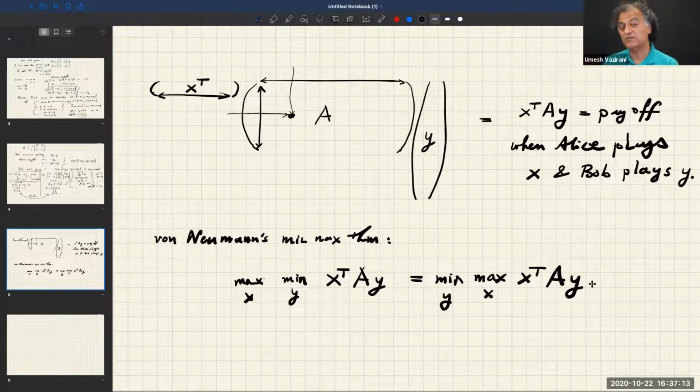So it doesn't matter who goes first. Alice can announce in advance or Bob can announce in advance. It's all the same. You get the same value.